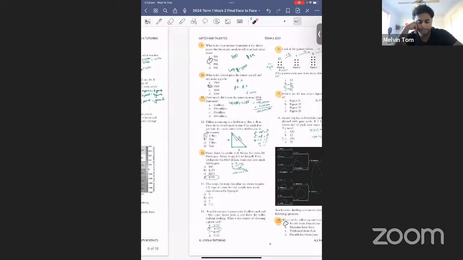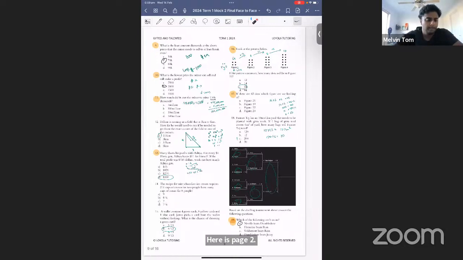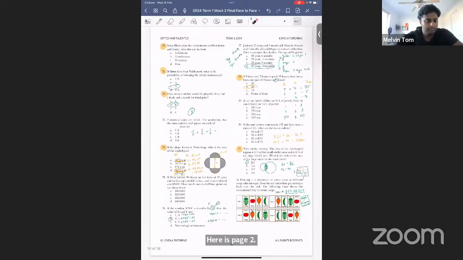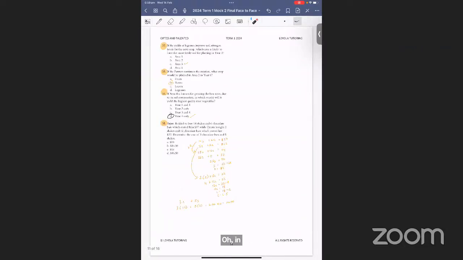Here is page 2. Here is page 3. Here is page 4.